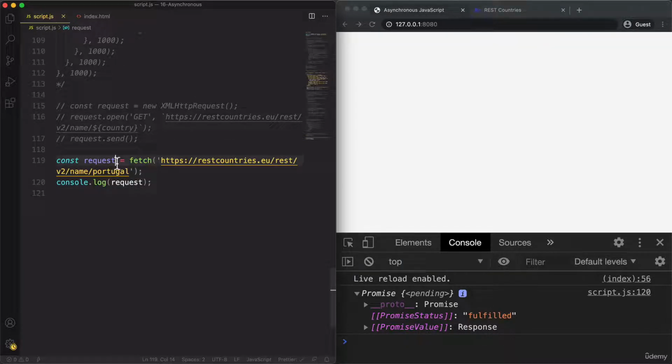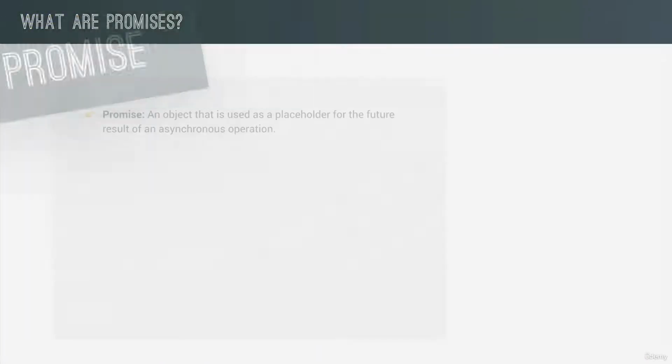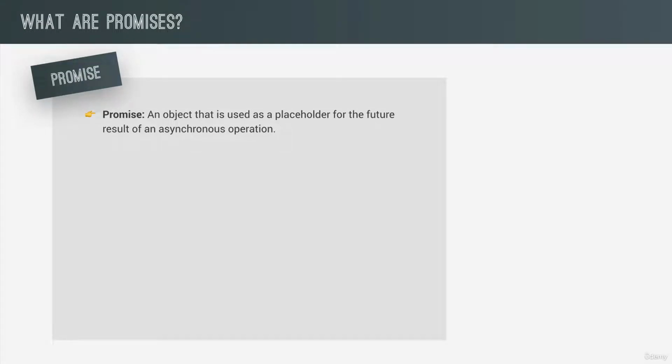But now, what exactly is a promise and what can we do with it? Well, let's find out. So the formal definition of a promise is that it's an object that is used basically as a placeholder for the future result of an asynchronous operation.